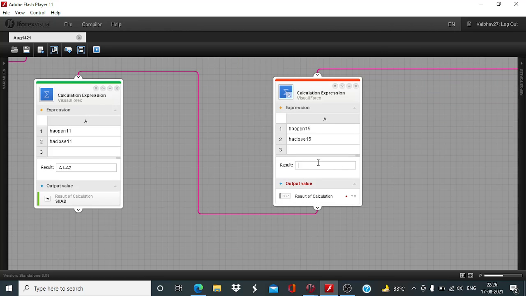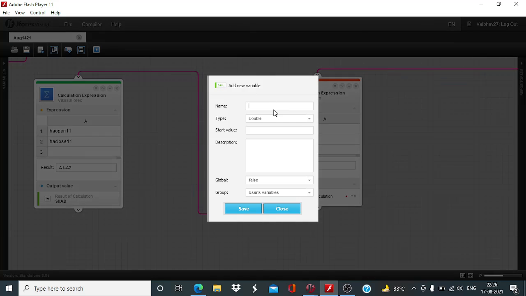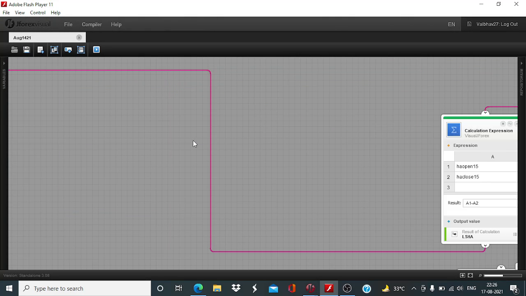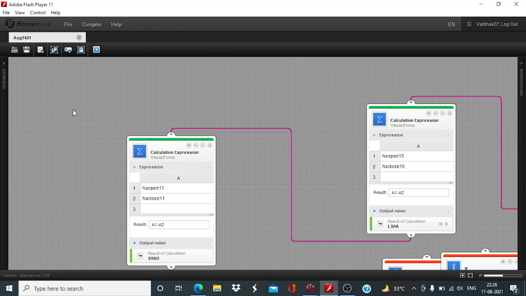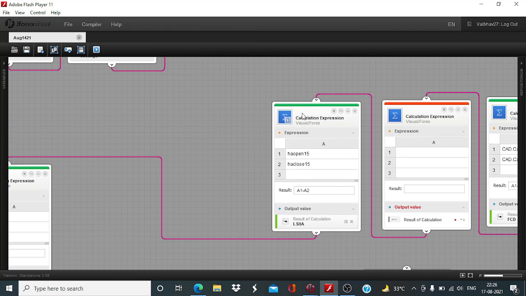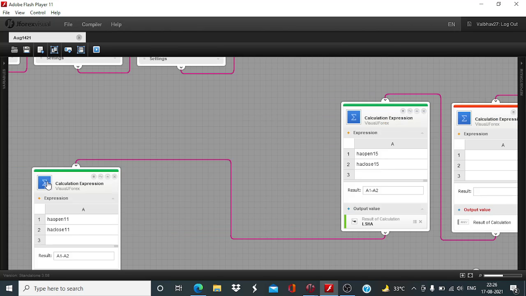So this is going to be A1 minus A2. Okay. We have defined the variables to compare the values.